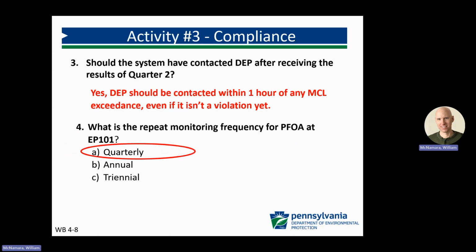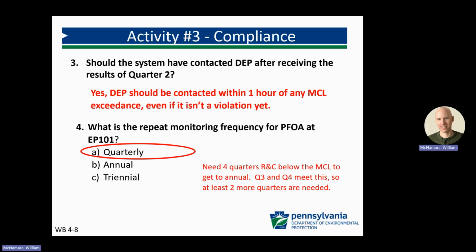So you had to go back to lesson 2 a little bit here and determine what is the repeat frequency for PFOA at entry point 101, and hopefully you came up with quarterly because they had that exceedance there in quarter 2.